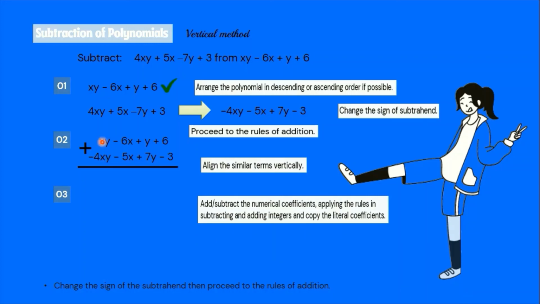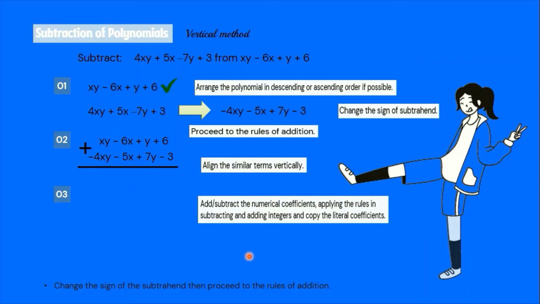Let's add xy and negative 4xy. Ang xy, ang kanyang numerical coefficient ay invisible 1. Positive dahil positive yung xy. 1 plus negative 4. Since different signs, kailangan nating mag-minus. 4 minus 1 is equal to 3. Ang sign ni 3 na ating sagot ay magiging negative dahil between 1 and 4, mas malaki si 4.